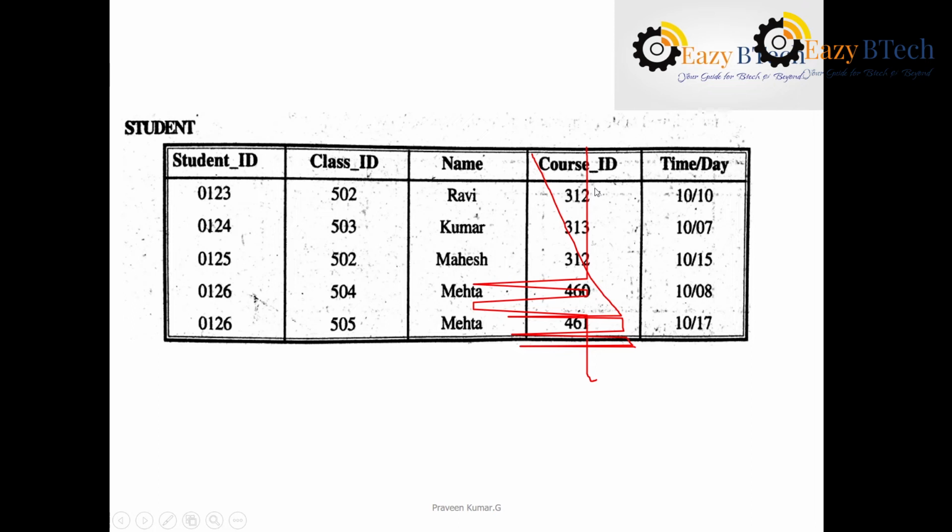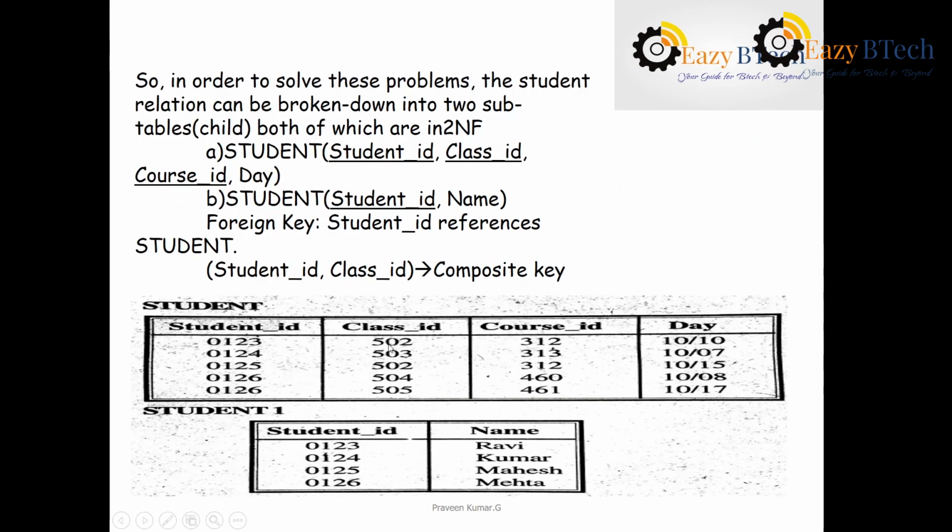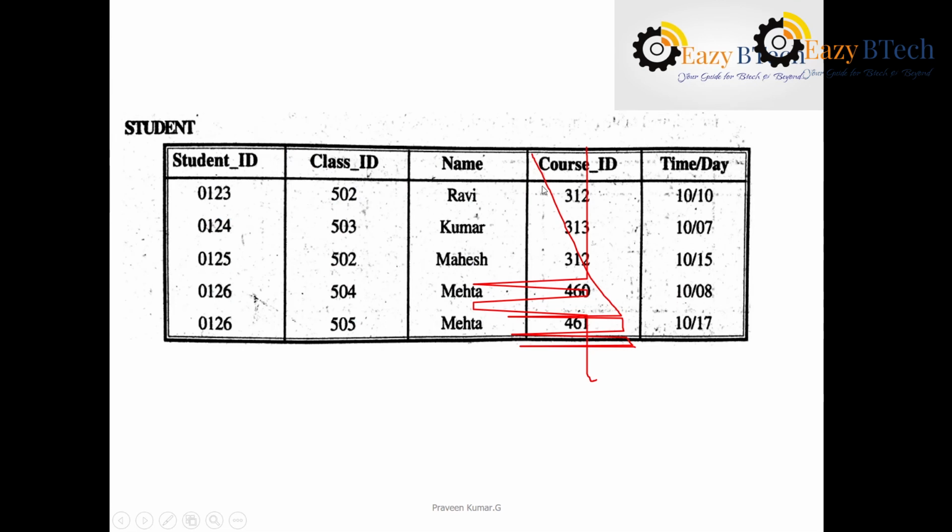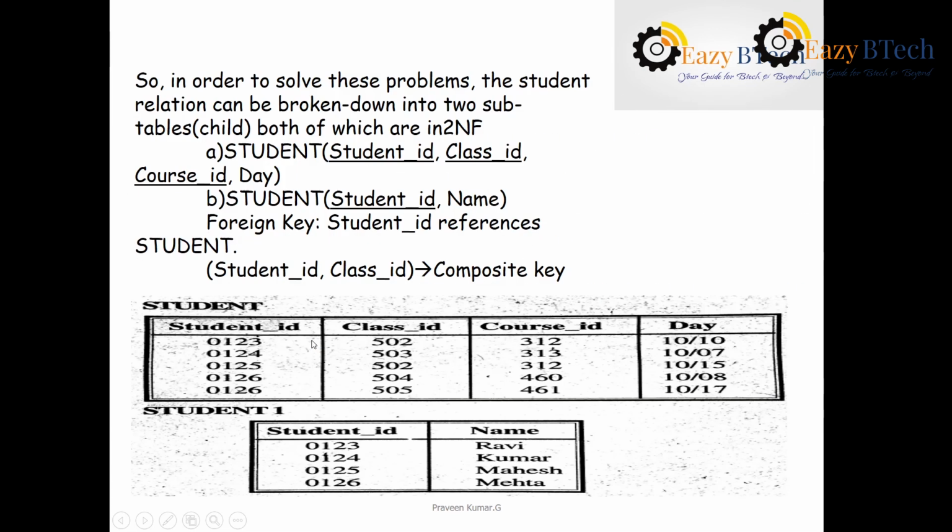Suppose 302 and 312 in one class, 313 in one class, 312 in another class, 460 in another class, 461 in another class. Based on the class IDs, we have different course IDs. Each and every course is conducted in different classes. Okay, these two are the prime key attributes.